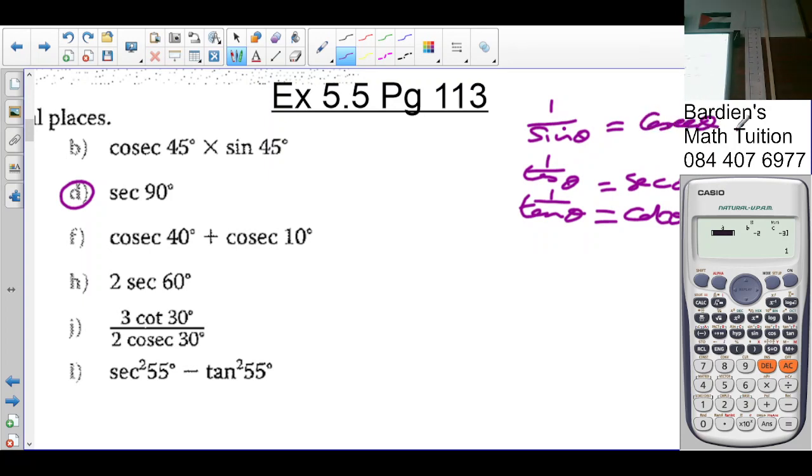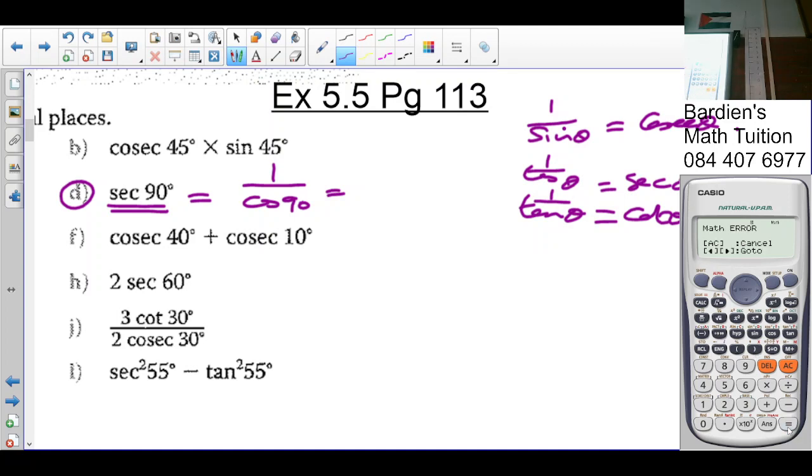So sec 90 is the same as 1 over cos 90. Put it in the calculator and you get an error. Math error, which means undefined.